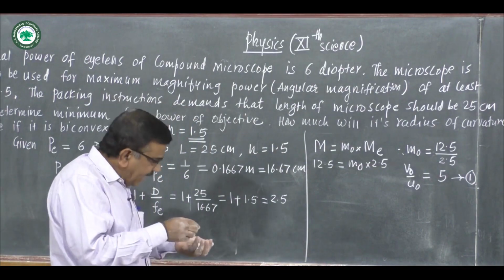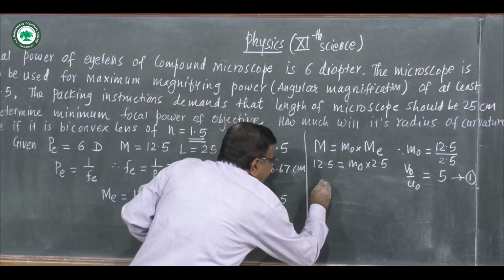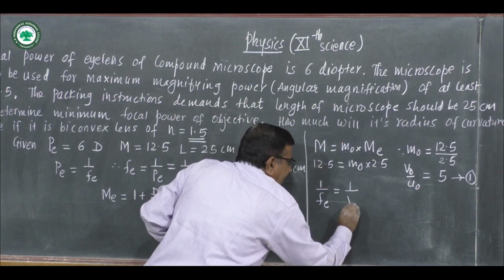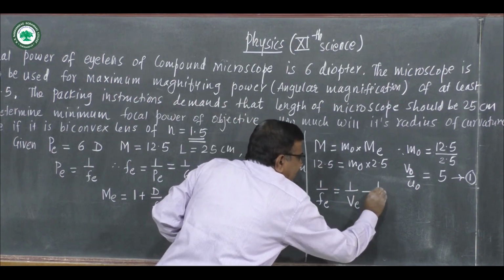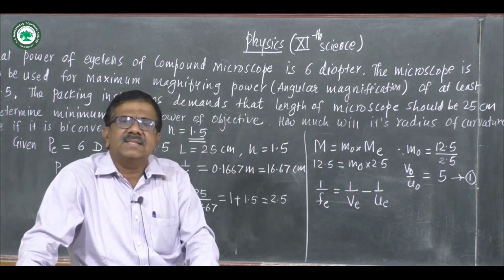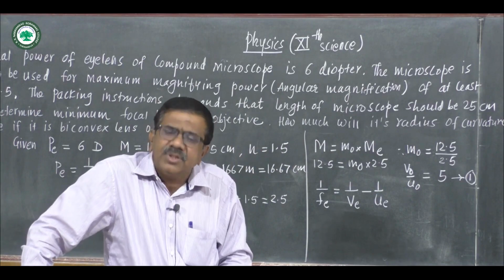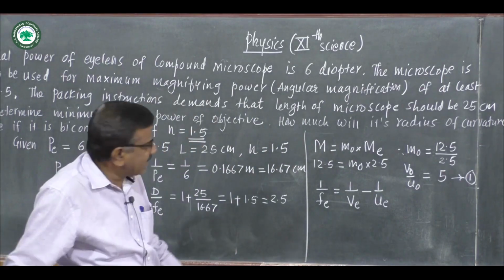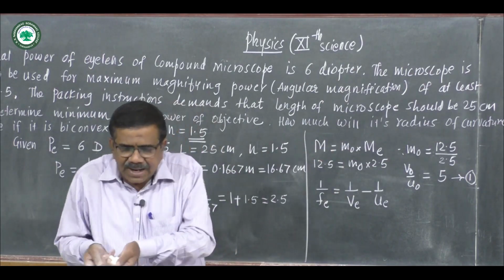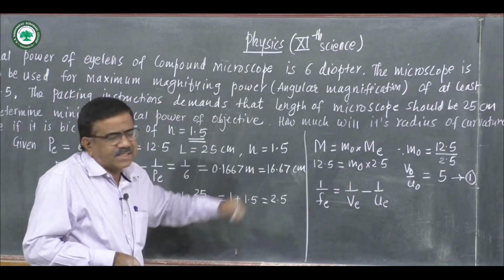Now, the lens formula for the eyepiece is 1 upon FE is equal to 1 upon V minus 1 upon UE. We know the lens formula as 1 upon F is equal to 1 upon V minus 1 upon U, but for the eyepiece we write the suffix E. But FE is 16.67.